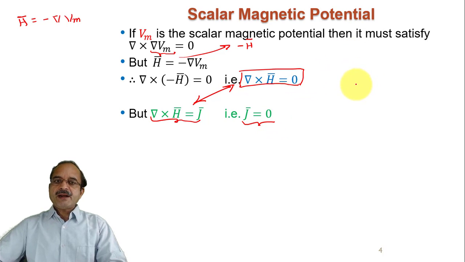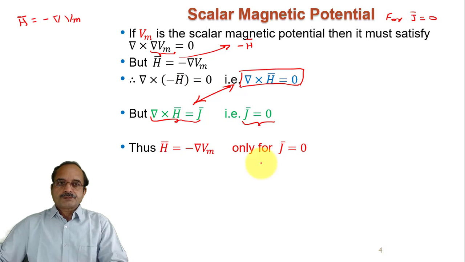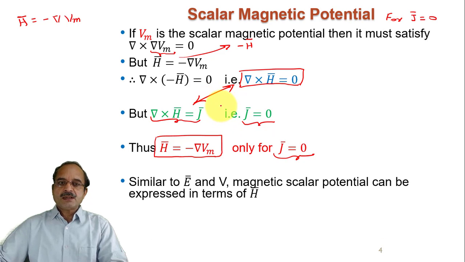So the scalar magnetic potential is defined for J equal to 0, that is, current density is equal to 0. So this equation H is equal to negative gradient of Vm is true only if J is equal to 0. That is the conclusion from this discussion.